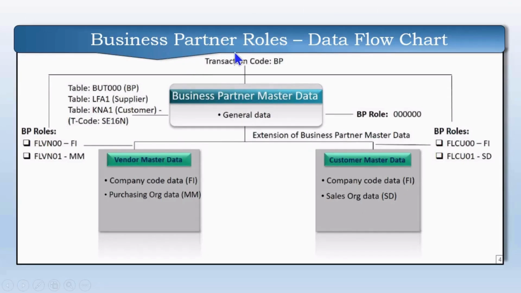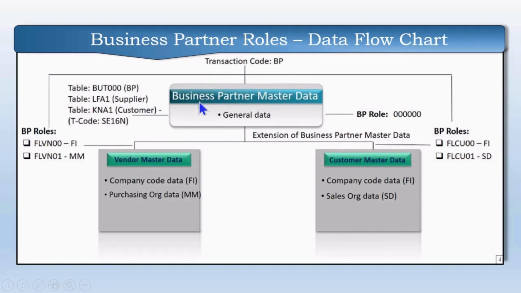Here, business partner roles and data flow chart. Users, this is the flow chart which gives you an explanation of a business partner and the multiple roles of that business partner, how in the SAP S4HANA system the business partner is divided and assigned multiple roles. So this flow chart will give you a brief explanation about the business partner and its roles.